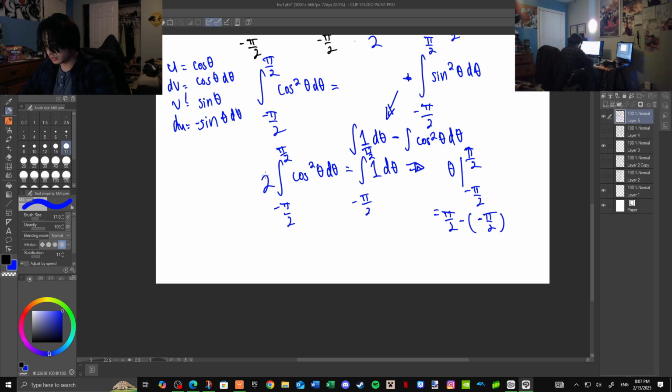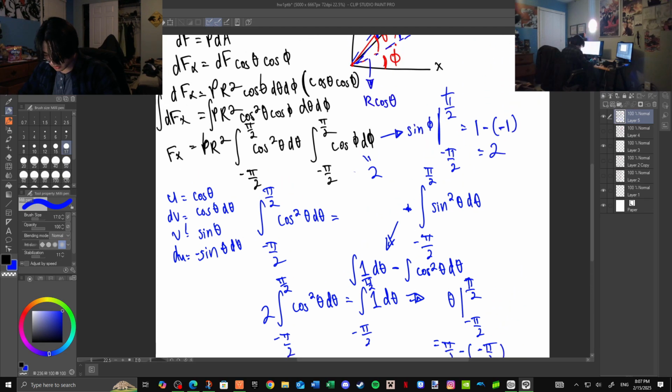But we also need to divide both sides by 2 in order for cosine squared theta d theta to get isolated. So you're left with pi over 2. So now we have an answer for this integral. It's going to be pi over 2.